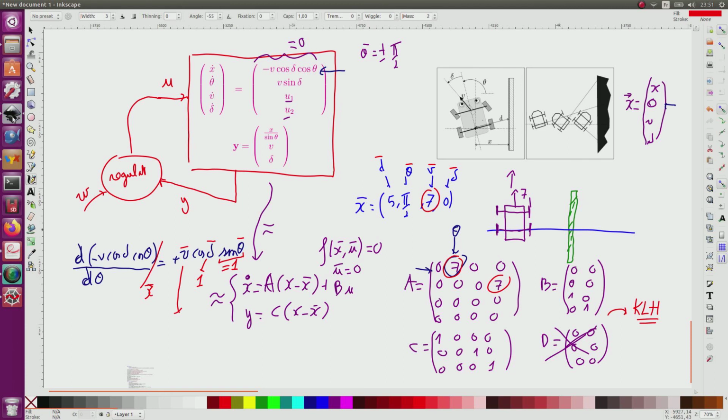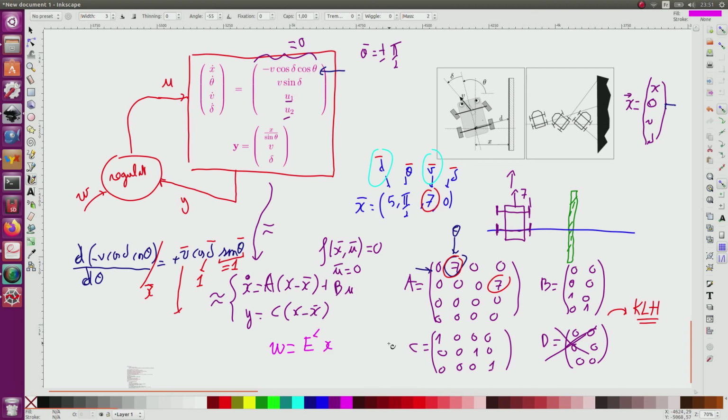So now, since I want to control the first variable, the distance, and also I want to control the speed, it means that W will be related to X, and the matrix E will select these two variables.